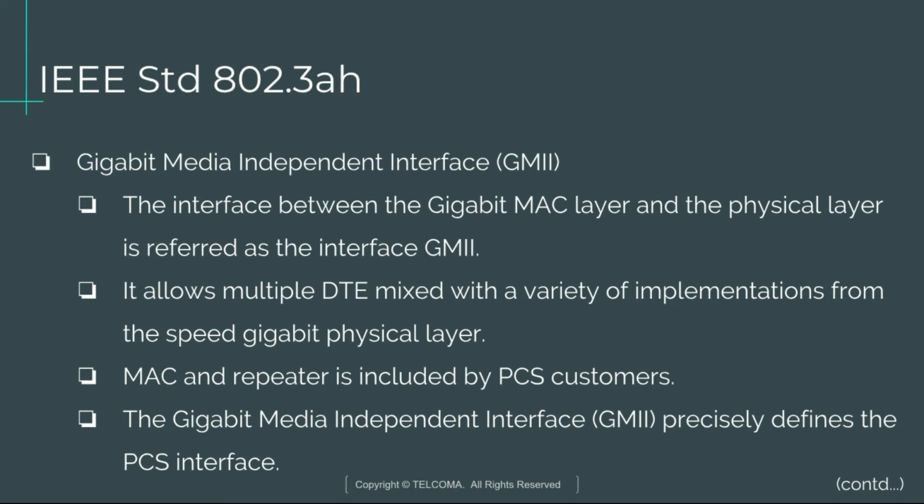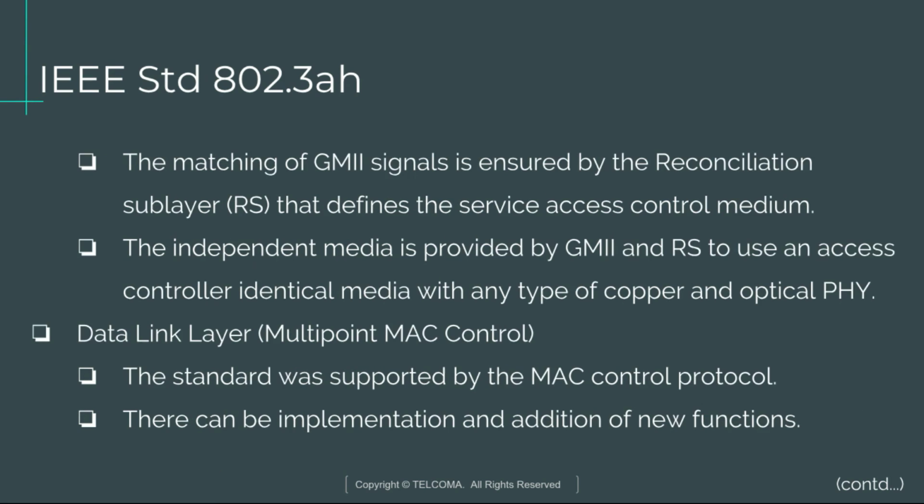Gigabit media independent interface. The interface between the gigabit MAC layer and the physical layer is referred to as GMII. It allows multiple DTE mixed with a variety of implementations from the gigabit speed physical layer. MAC and repeater are included by PCS clients. The GMII precisely defines the PCS interface.